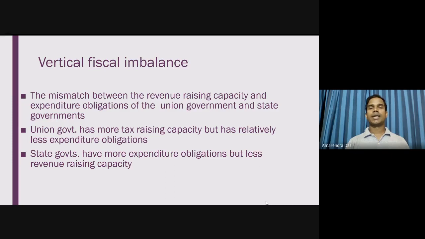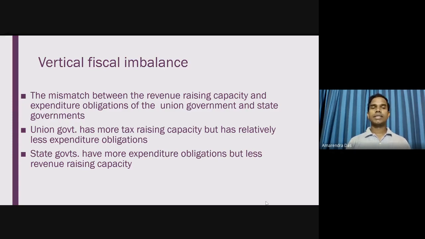The reason could be that the state government basically is closer to the people, so it has to fulfill more demands of the people. But on the other hand, the union government, which is a little far away from the people, basically has more revenue raising capacity and less expenditure obligation. So this mismatch between the revenue raising capacity and expenditure obligation of the union government and state government is known as the vertical fiscal imbalance.